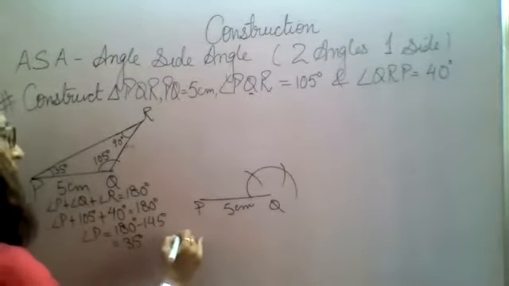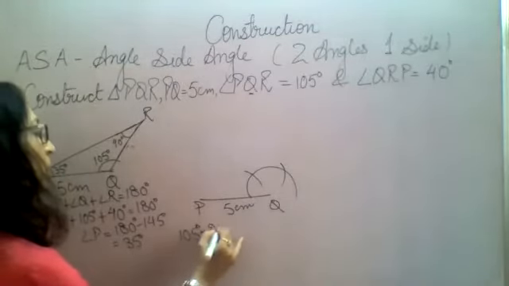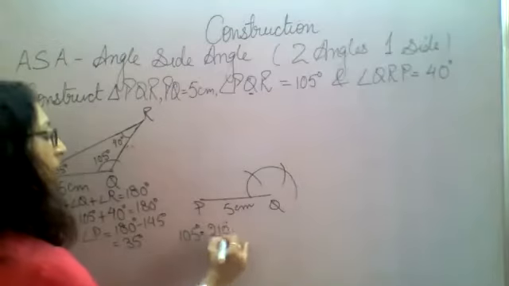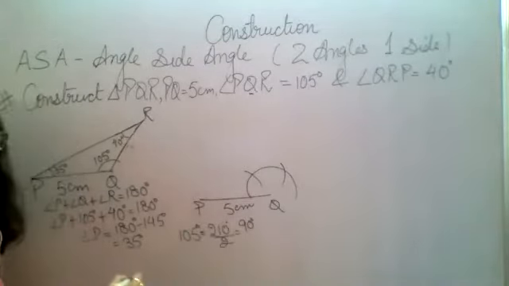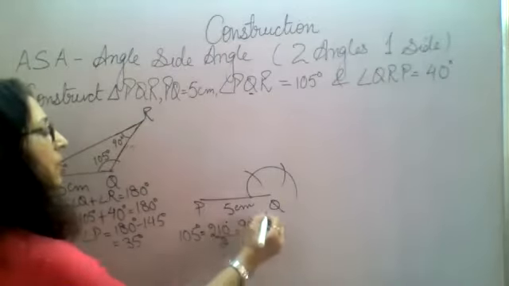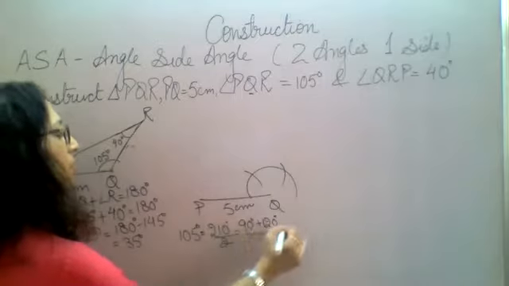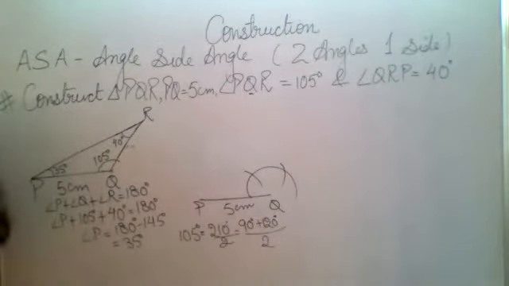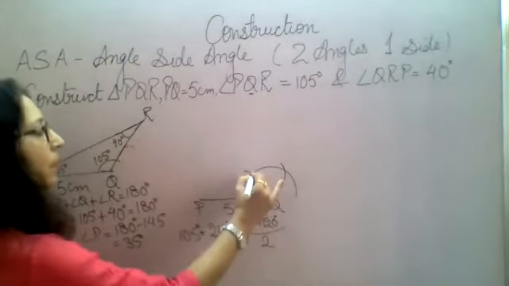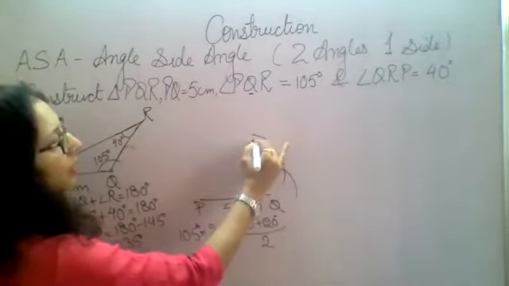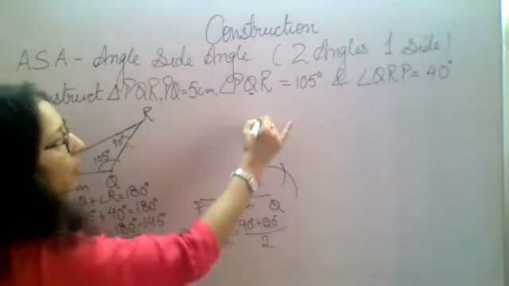And you know this 105 is half of 210. It means if I will use 90 degree as center from this basic and 120, I will get angle of 105. So from here, first I will construct 90 degree using 60 and 120.